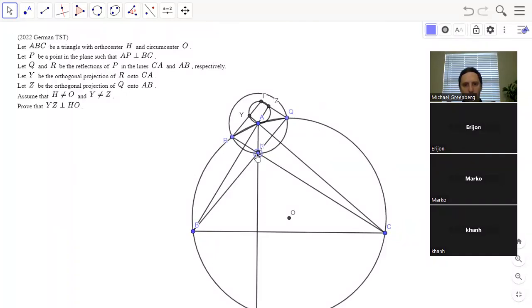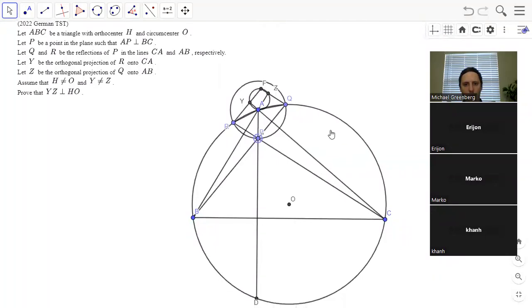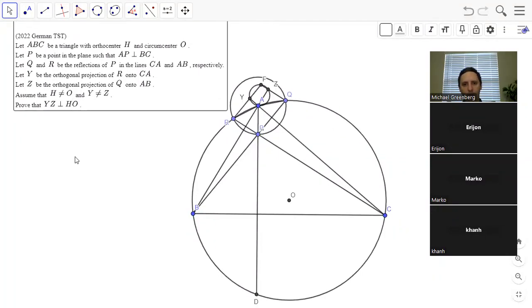And we want to show YZ is perpendicular to OH, or OP in this case. So A is the center of the circle, and this is a parallelogram.